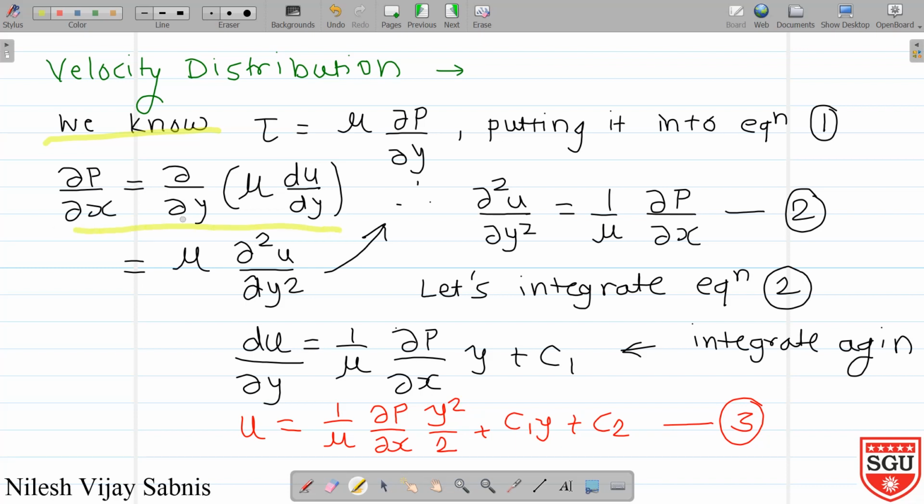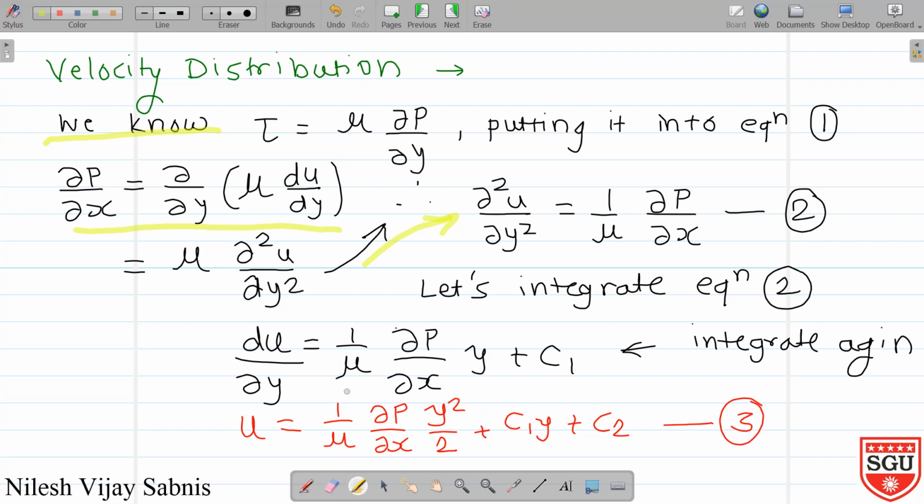Dou by dou y of mu into dou u by dou y, which will result in mu into dou 2 u by dou y square. Making it simplified, dou 2 u by dou y square is equal to 1 by mu dou p by dou x. We have to integrate this. By integrating first time, we will get this equation.